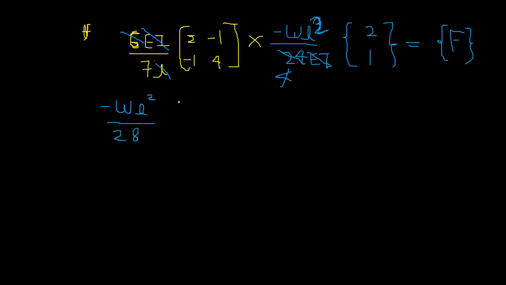Okay. Into how much? 2 into 2 multiplied by 1 into -1. So that means 2 into 2 is 4, 4 minus 1 is 3. So 1 into -1 is -2 plus 4. It's plus 2, right?